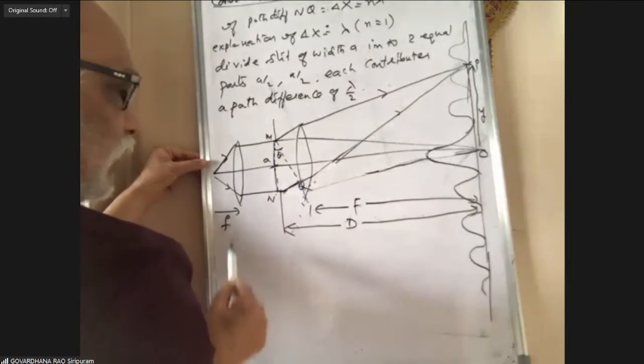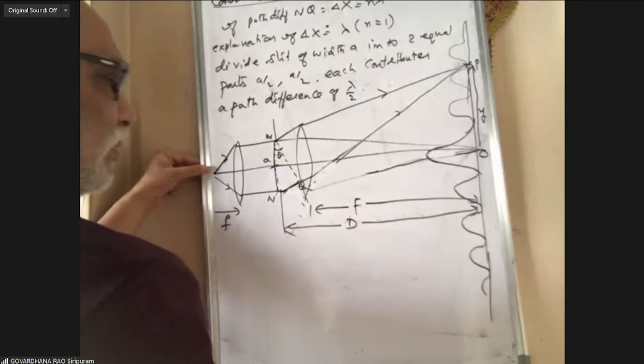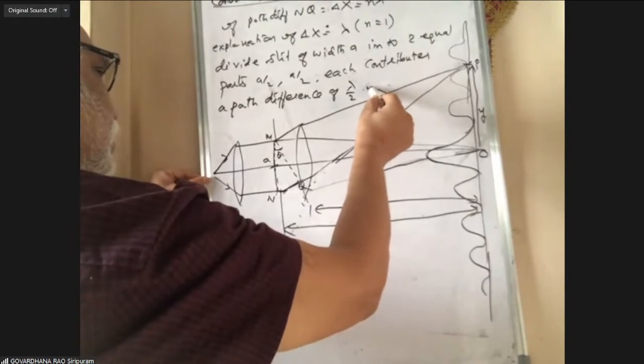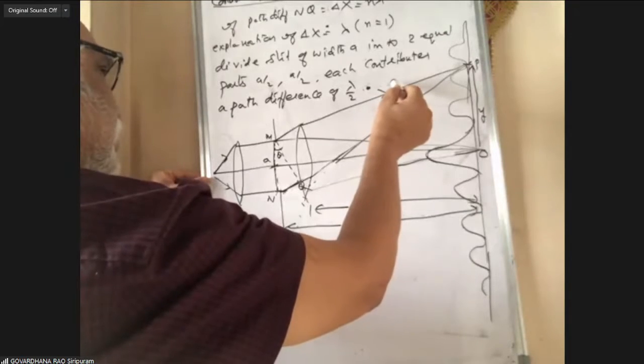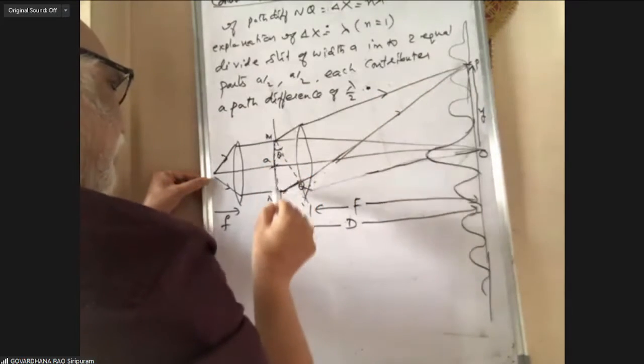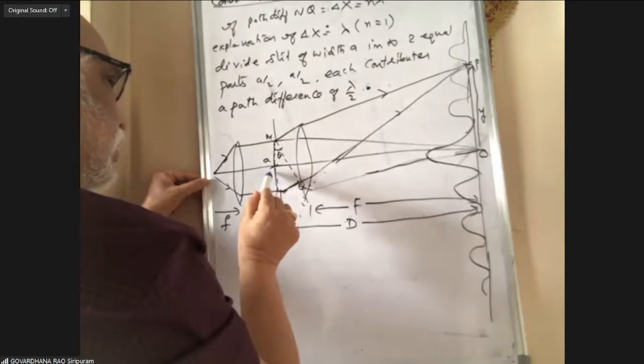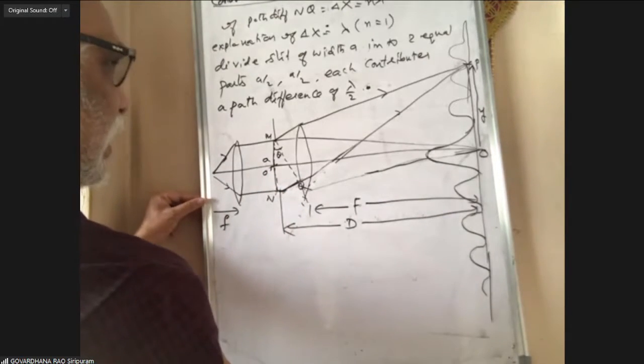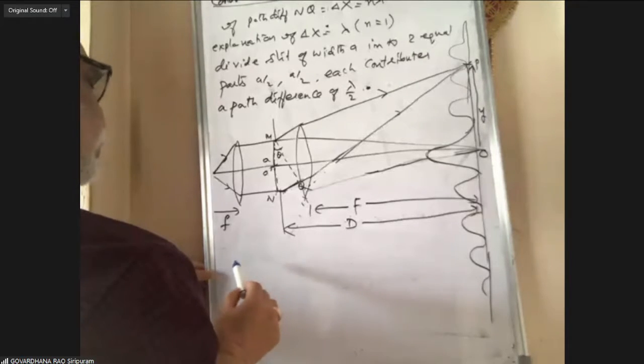This will contribute lambda by 2, this also contributes lambda by 2. That is, this is MN, and here is the point O dash.